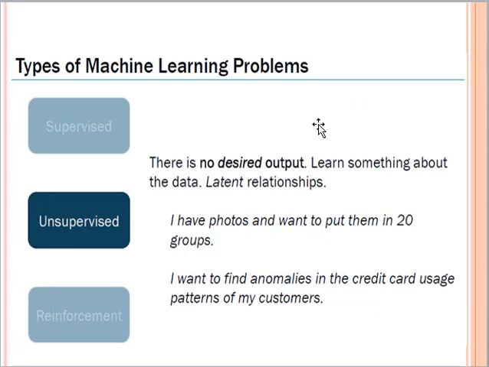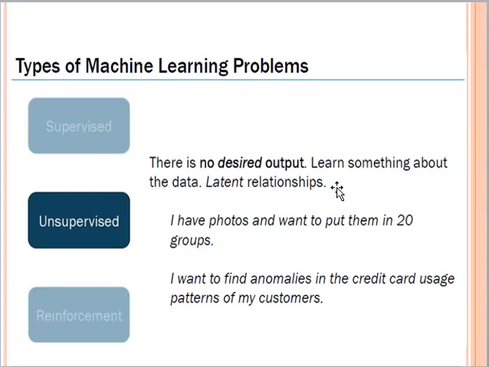So we are basically trying to learn something about the data, right? We don't know what our training instance will give us as an output, so we are trying to learn it from the data itself, or we can say we are trying to figure out the latent relationships between the entities present in the data set.